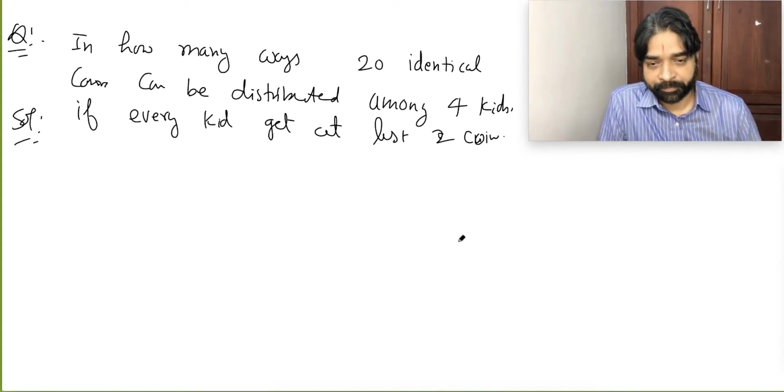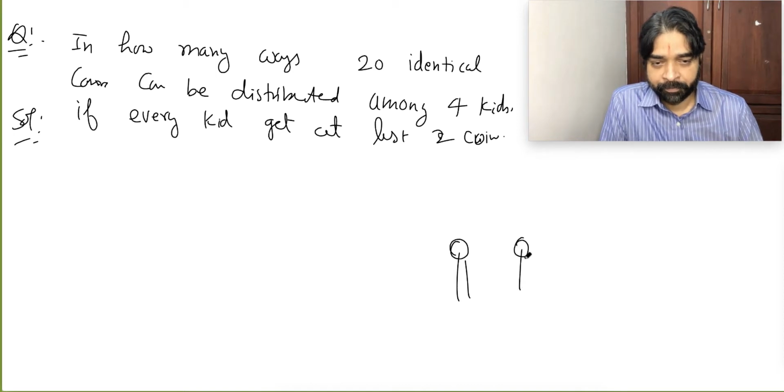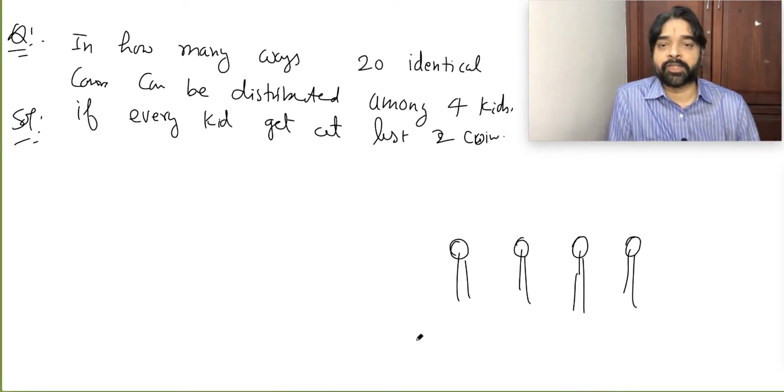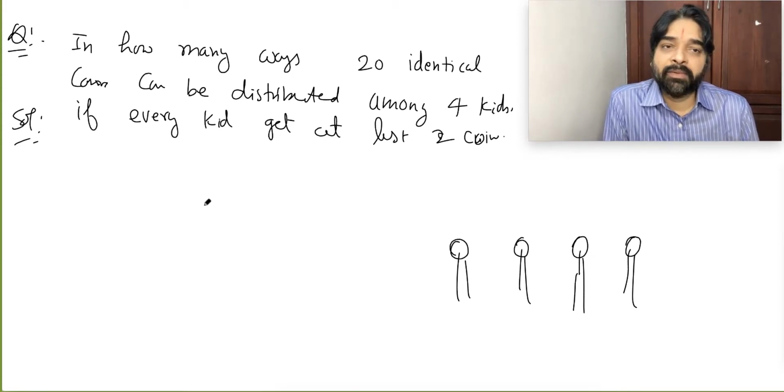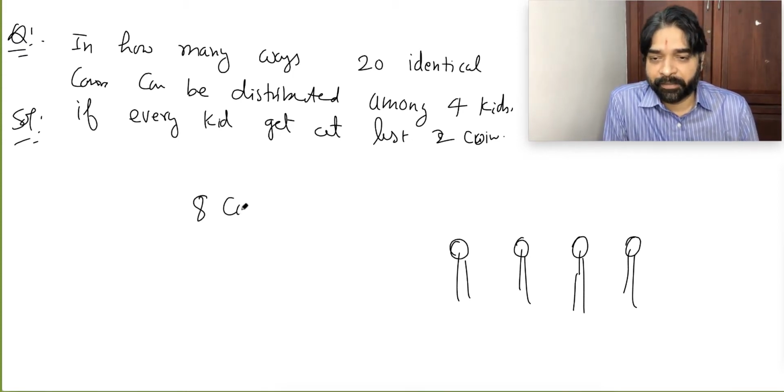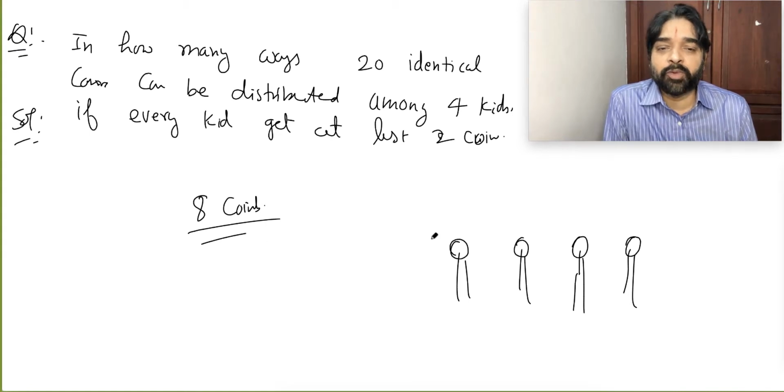Listen to me. Four kids. Okay, I'm changing the question. Please stop writing. If I say I have only 8 identical coins, and in how many ways can I give 2 coins to each?